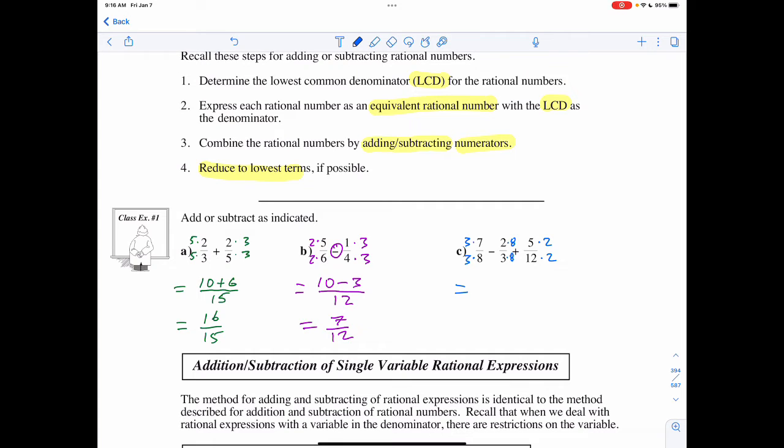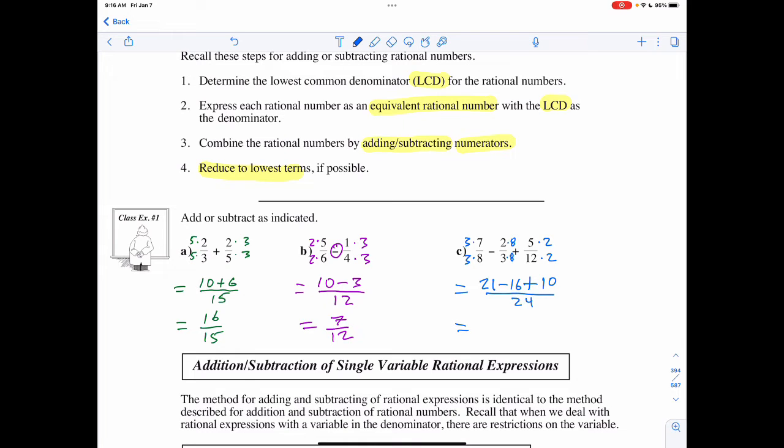And I can say that in this case, 3 times 7 is going to give me 21. There's a minus between them, so I need to account for that and say that I'm going to subtract 2 times 8 is 16. There's an addition for the next one, so I'm going to add 5 times 2, which is 10. And it's all going to be over that common denominator of 24.